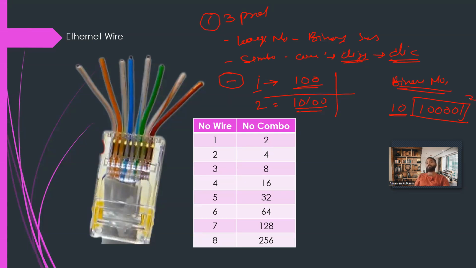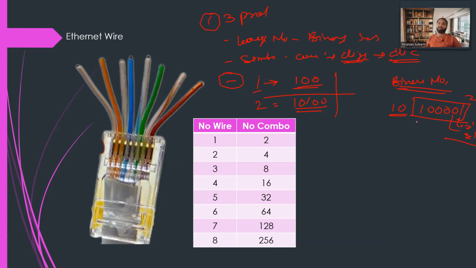If you want to calculate it, you can take any binary calculator, or do it yourself. We have to assign the powers, like 2 to the power 1, 2 to the power 2, that kind of stuff. If you want to find what exactly it is, you can take the help of a YouTube video, or you can just type decimal to binary, binary to decimal on Google, and it will give you the answer.